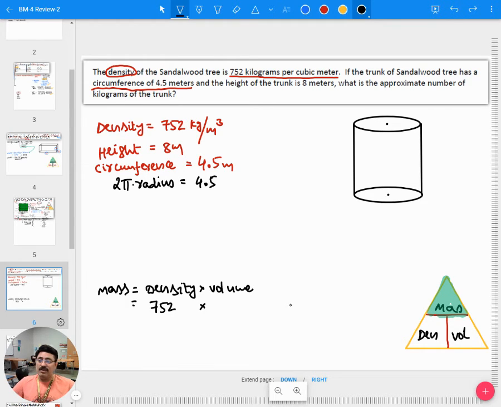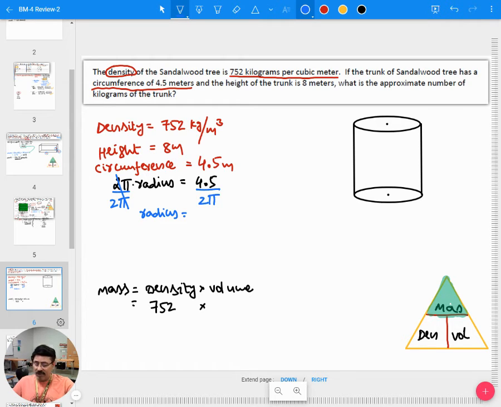What is the radius? We have to eliminate 2 pi. I see that 2 pi is multiplying with radius. Therefore, if we divide by 2 pi on both sides, then I get the radius value. So 4.5 divided by 2 pi. 2 pi means 2 times 3.14.